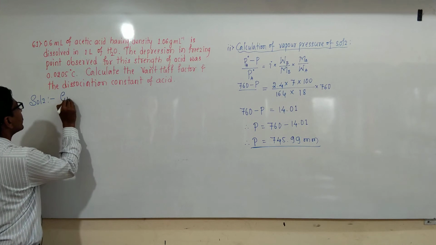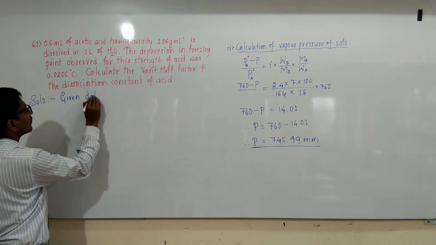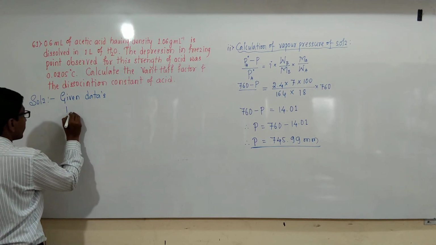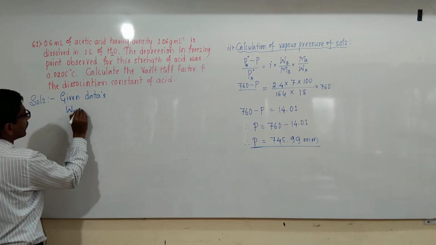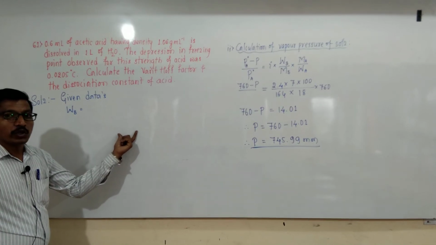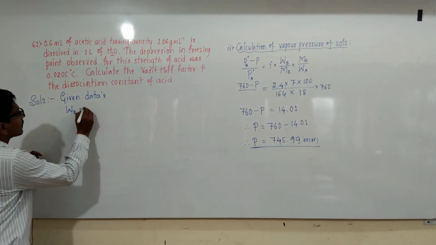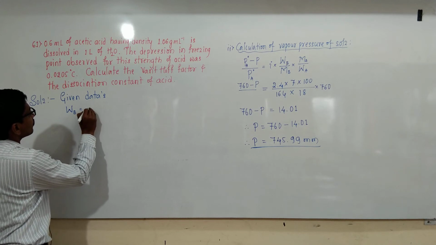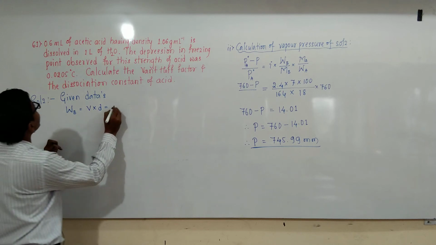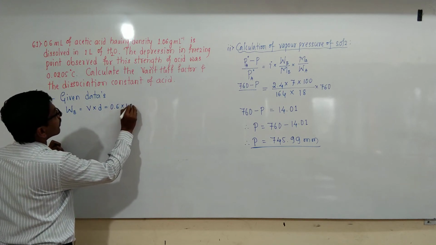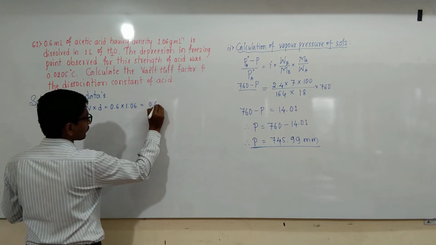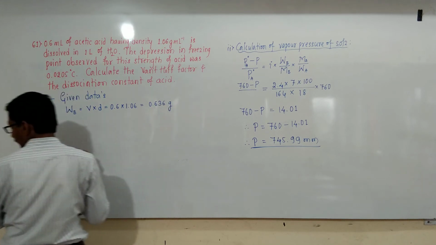Here the given data are: first, Wb. Indirectly they have given the weight of the solute and the weight of the solvent. Wb is equal to volume into density. The acetic acid volume is given and its density is given. Volume is 0.6 into 1.06, that is equal to 0.636 gram.